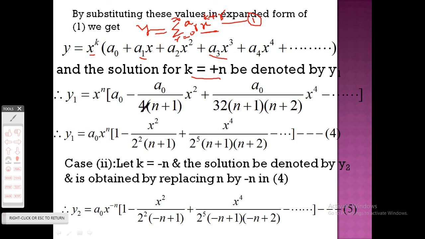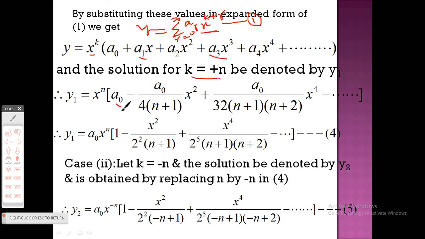Now, for the solution k is equal to plus n, denoted by y1, because we have two solutions: one is k is equal to plus n and the other is k is equal to minus n. For k is equal to plus n, let me take y1 as a solution.